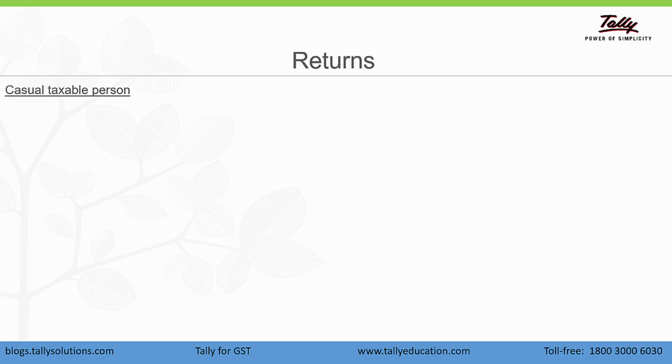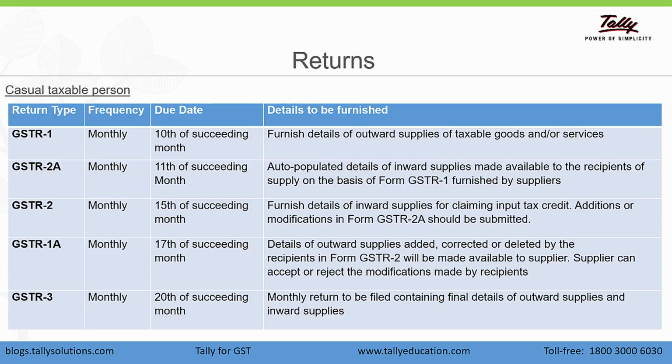Let us now see the returns to be filed by casual taxable persons. A casual taxable person has to file the same monthly returns for the period of registration as a regular dealer. So on the 10th of the succeeding month, the person has to furnish Form GSTR 1 containing details of outward supplies of taxable goods and or services.